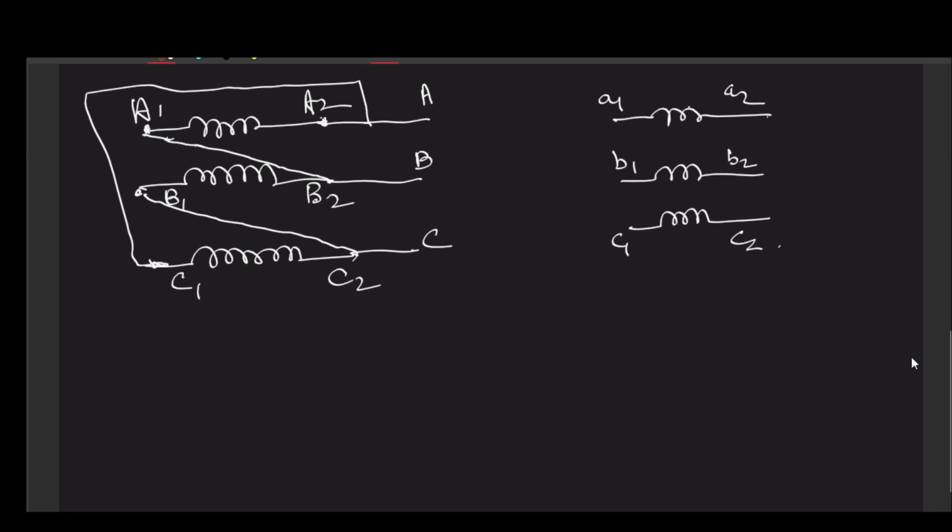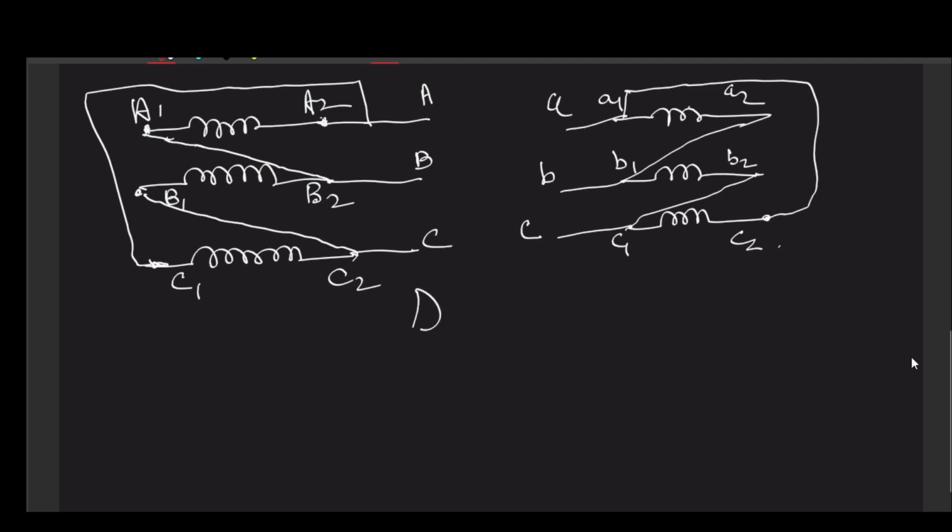Now you connect A2 with B1 and B2 with C1 and A1 with C2, and then you feed or rather collect your secondary supply from this terminal. So that would give us the configuration that is DD6.